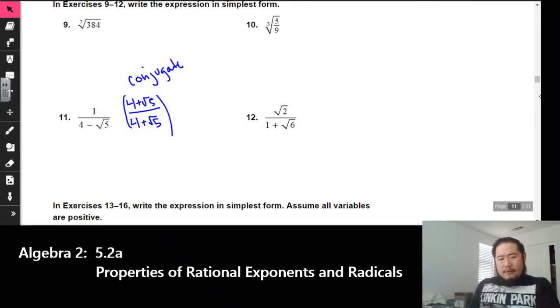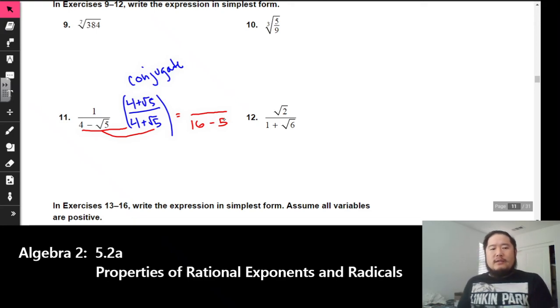So all I'm going to multiply right here is the first and the last. So the first is 4 times 4, which is 16. The last is negative rad 5 times positive rad 5, which is going to be negative 5, because it's going to be negative rad 25, and rad 25 is 5.